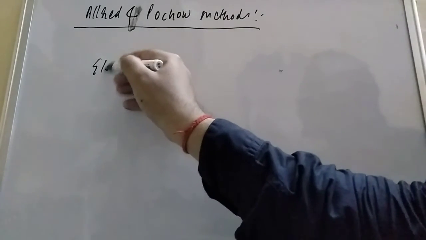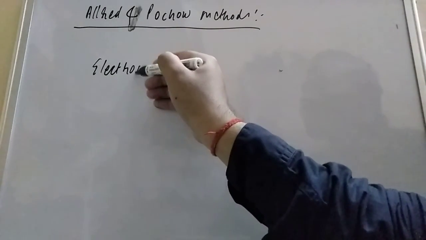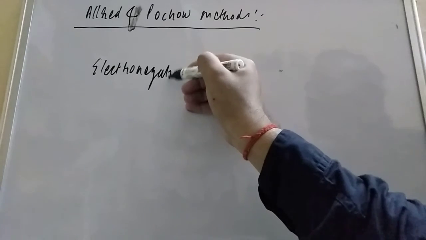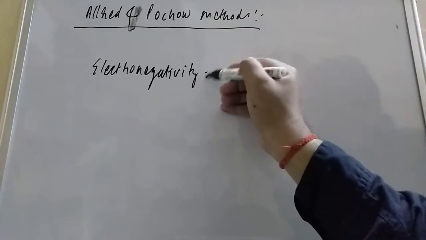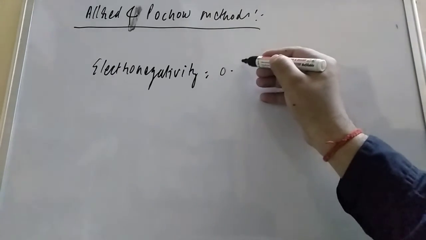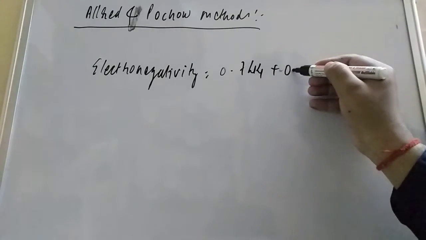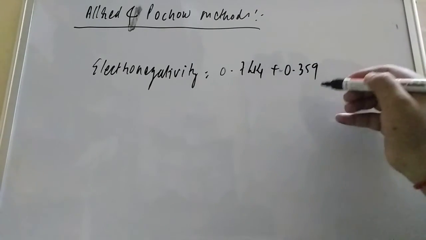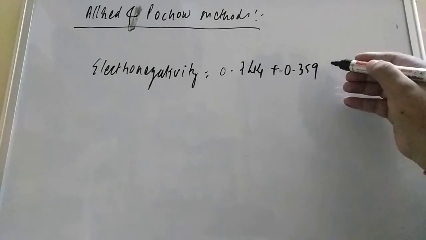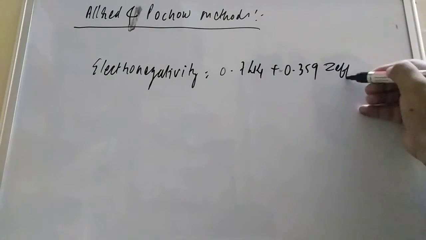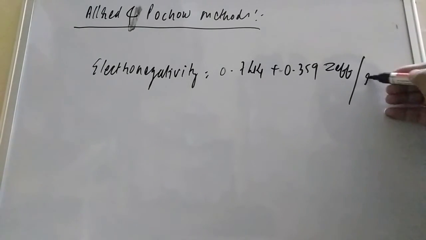The expression is electronegativity equal to 0.744 plus 0.359 Z effective by R square.